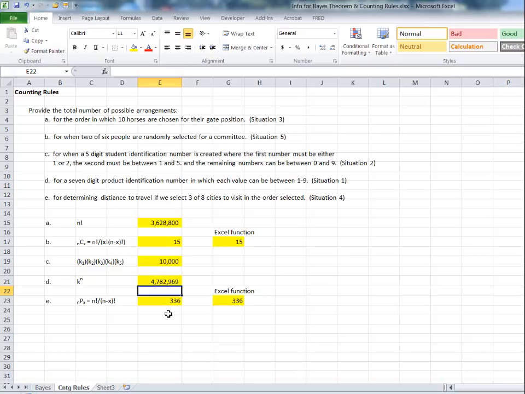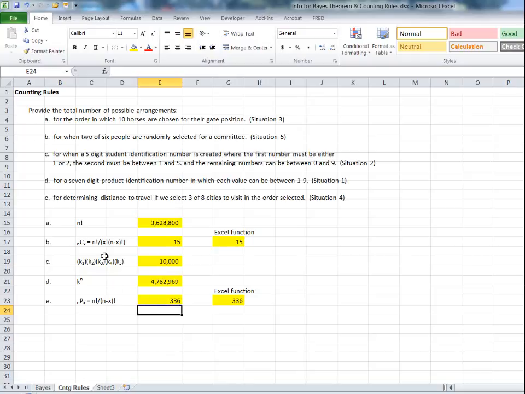So let's say that you're going to pick 3 out of 8 cities here, and if you pick A, B, C in that order, you're going to travel to A, and then to B, and then to C. Well, if you pick B, D, and A in that order, then you're going to travel to B, and then D, and then A. And so, obviously, order matters in this case when you're figuring out distance. So that's now a permutation. That's not a combination. And that allows for more arrangements, now that order matters.